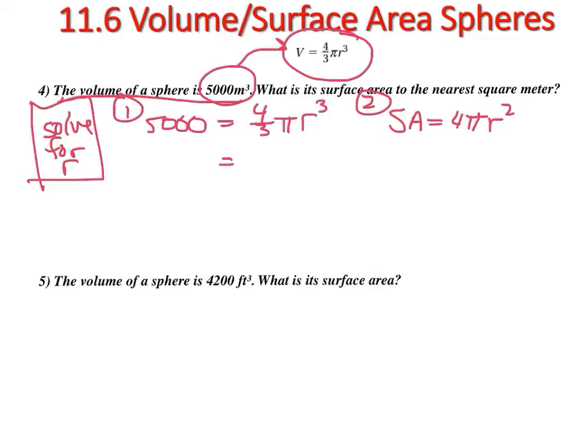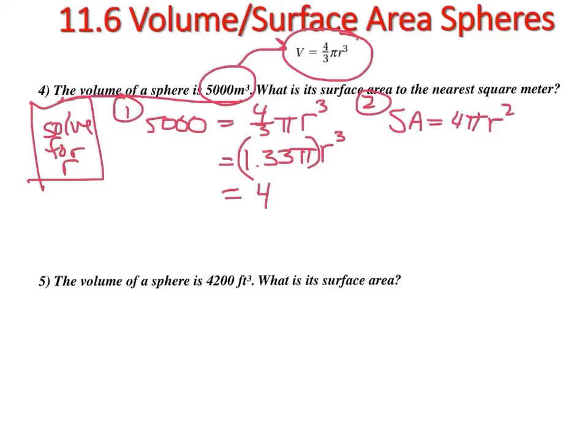Okay, so solving this equation, 5,000 equals 4/3 pi r to the third. To undo the fraction 4/3, I could either divide by 4/3, or I'm just going to change it to a decimal because it's easy to make a mistake. So 4 divided by 3 is 1.33 pi r to the third. Then I'm just going to multiply 1.33 times pi, and that is 4.2.